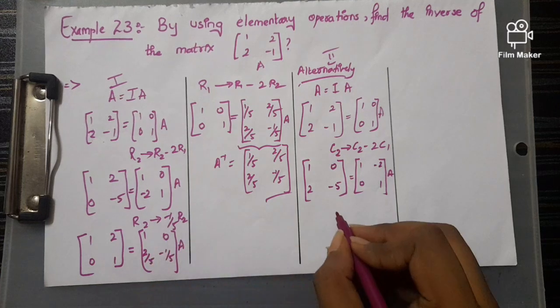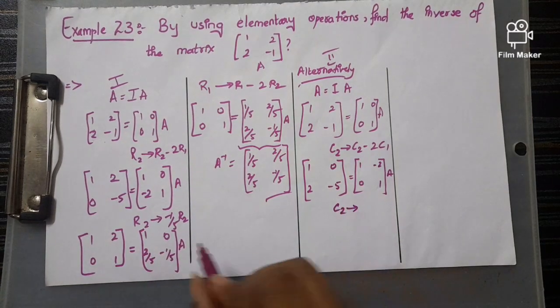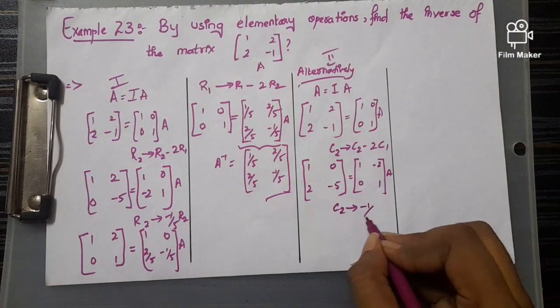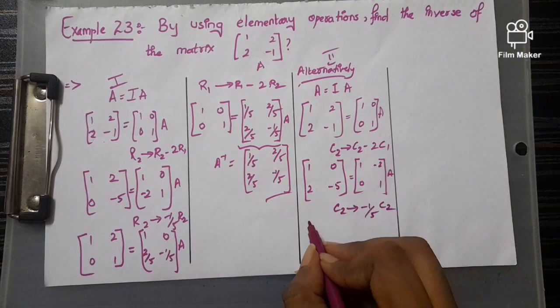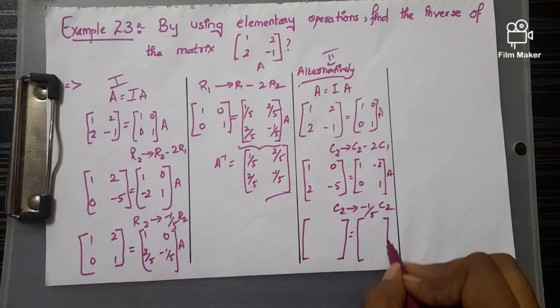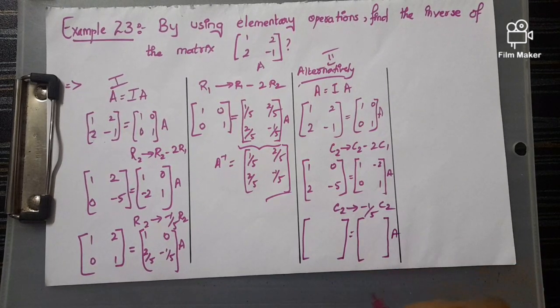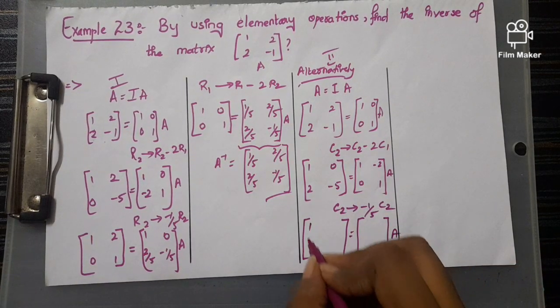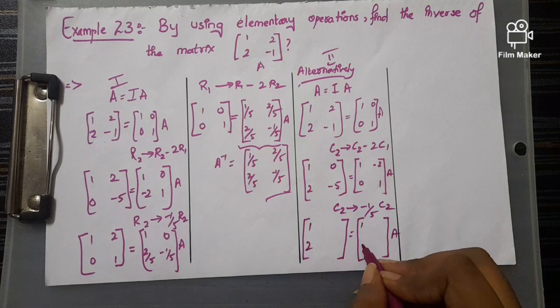Similarly, with the same process, C2 is changed to minus 1 by 5 C2. What do you get? Again, don't disturb column 1, because here we are focusing fully on column 2. 1 2 remains the same and 1 0 remains the same.